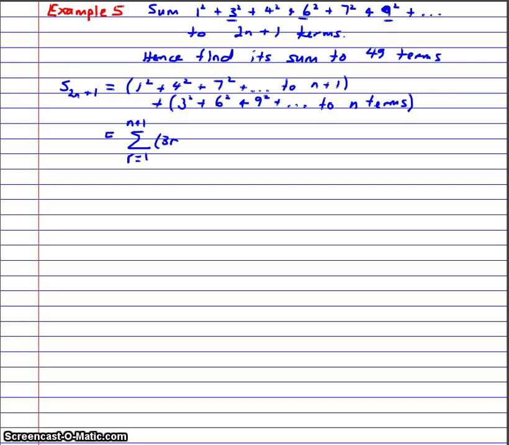Oh yes we are, because 3 1s are 3, we're going to have to subtract 2, so it's 3r minus 2 all squared.